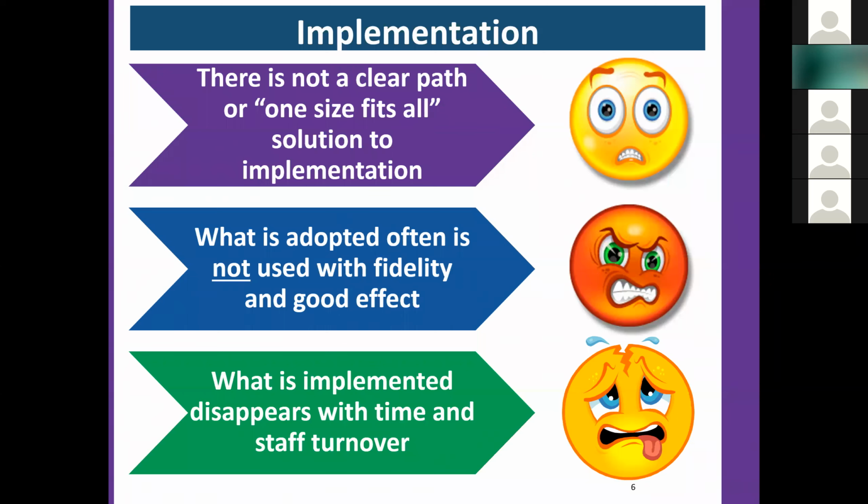And so what you did in DeKalb may not look like what it looks like in Polk, right? And so there's not this one size fits all, but if you're following a plan and you have in mind what it's supposed to look like, it's going to increase the likelihood that you are implementing with fidelity, or at least if you're adapting things, you know what you're adapting and how they might impact. So it really is important to have that in mind as you're thinking about the work that you're doing.